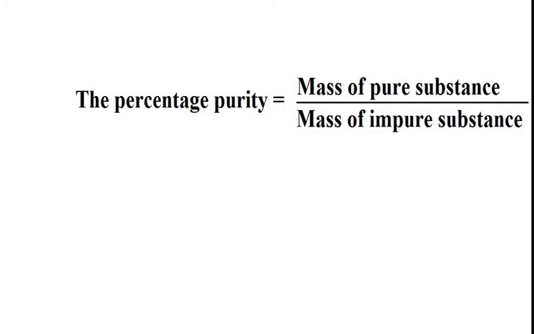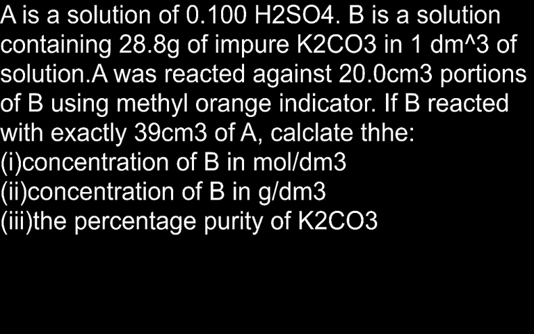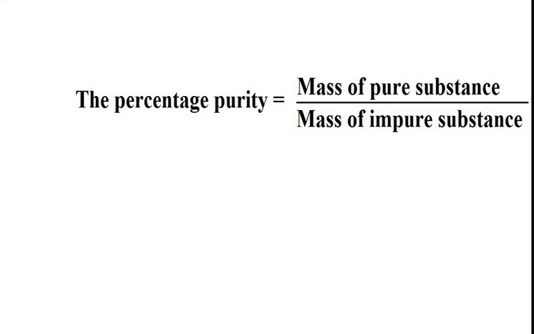Percentage purity can be calculated using the mass of pure substance that you have just obtained, which is the gram per dm cube of B, then dividing it by the mass of impure substance, which is given in the question here to be 28.8 grams. So if you substitute that into this formula, you are going to get something like this.